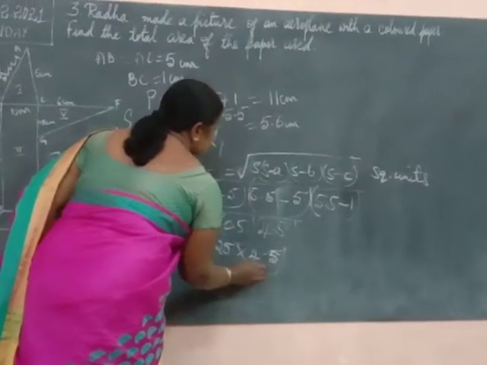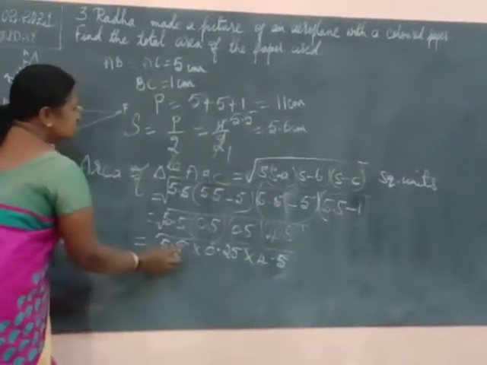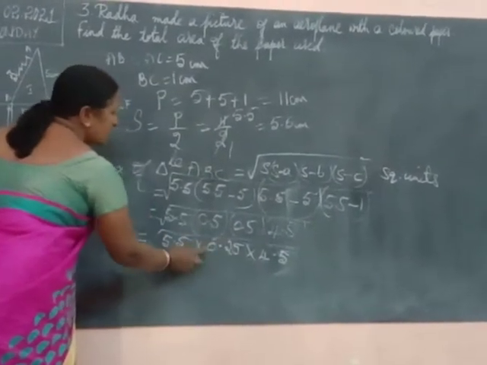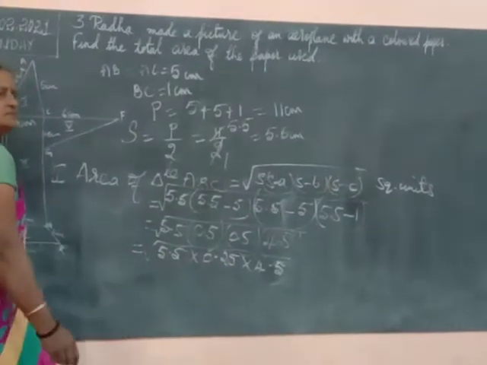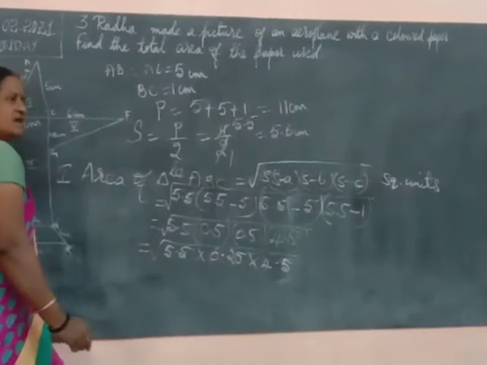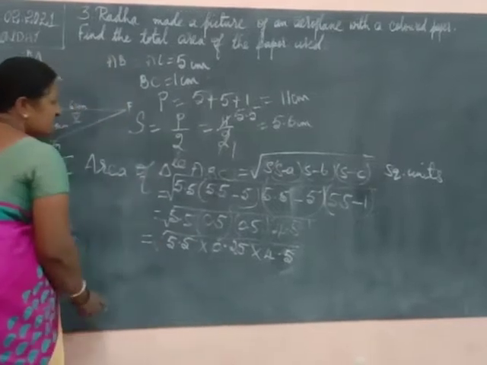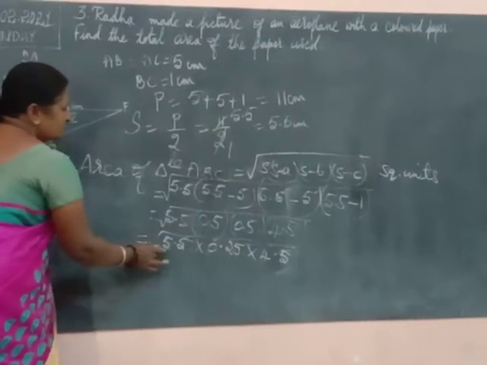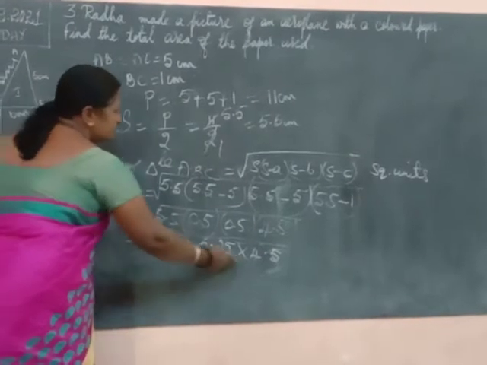So next, what can we do here? Square root of 0.25. What can you write? 25. What is the square root of 25? 5. So 0.5. Can we write 0.5? Yes, ma'am. And then square root of 5.5 into 4.5.